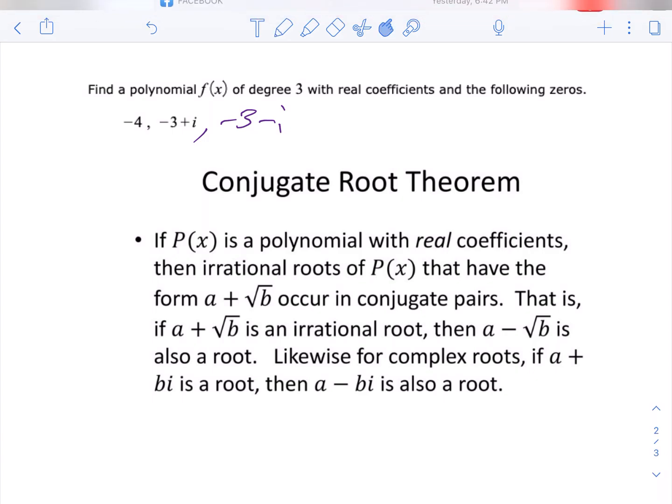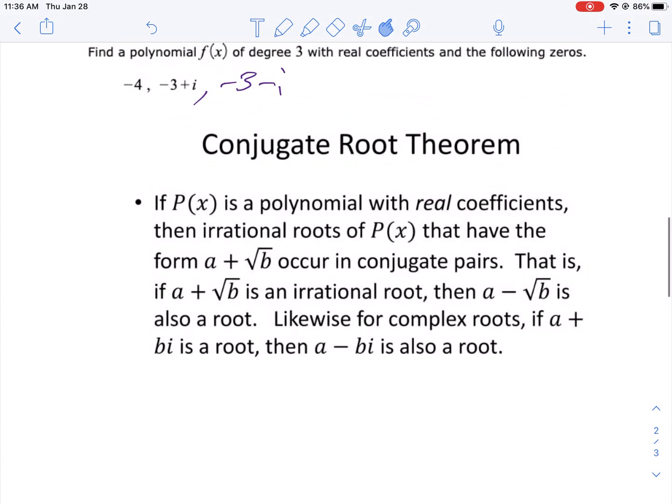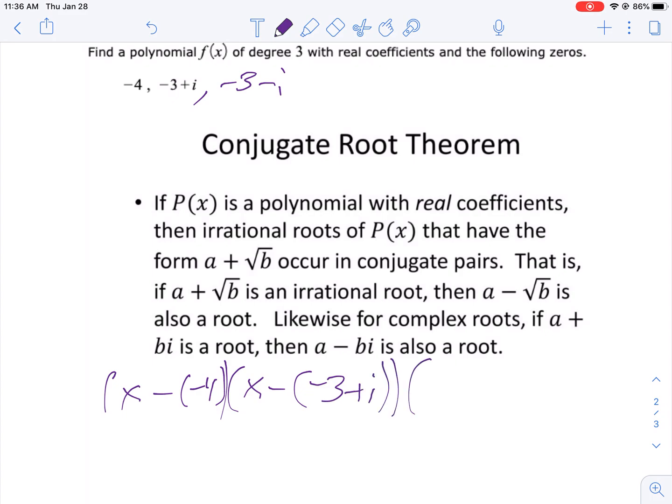So in other words, I'm going to multiply these together. I'm going to say x minus negative 4, times x minus negative 3 plus i, times x minus negative 3 minus i.